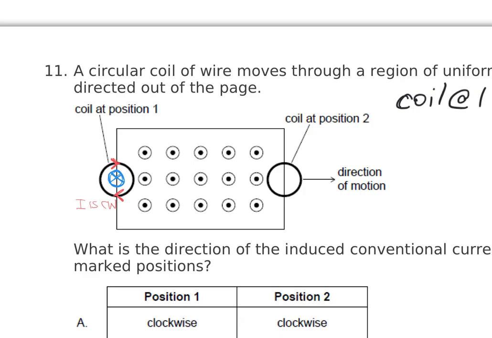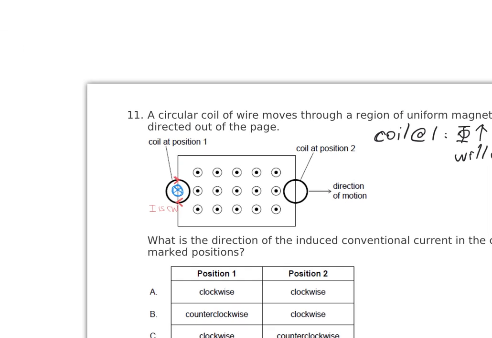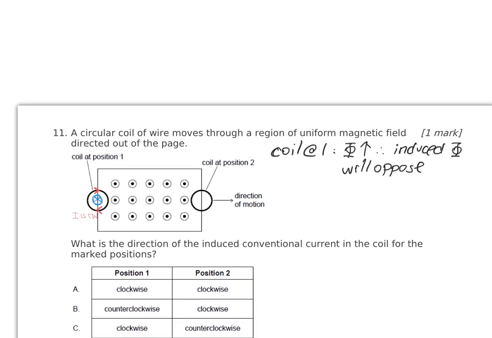Then as that loop exits the field, so we have the coil at position 2, the coil is exiting the field, so the flux is decreasing. If the flux is decreasing, then the induced magnetic field will reinforce in order to backfill the loss. Again, Lenz's law says that the induced EMF, or the current that's induced, will make a magnetic field that opposes the change in flux.